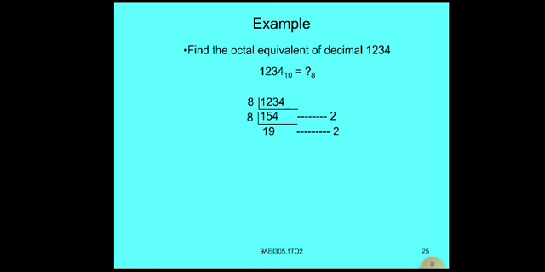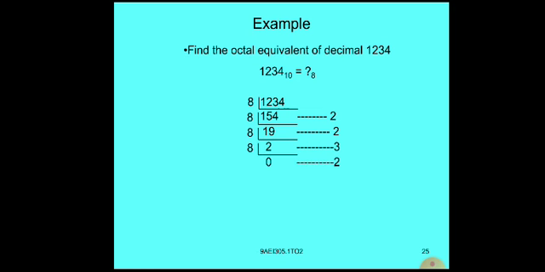So 74. 8 nines are 72. So what is the final remainder? 2. So like that you go on dividing. Now 19 is the quotient. We have divided it with 8. 8 twos are 16. How much remainder? 3. Like that.